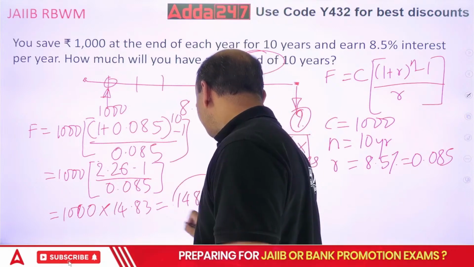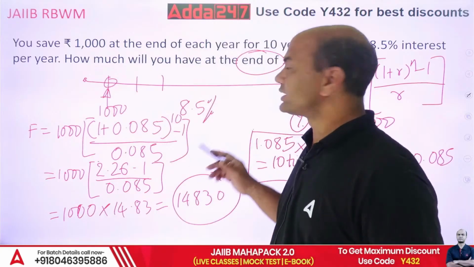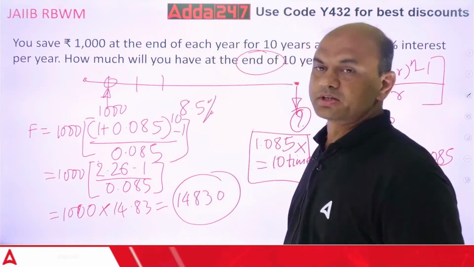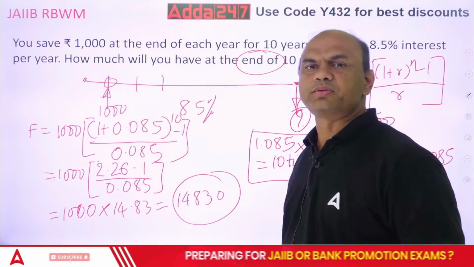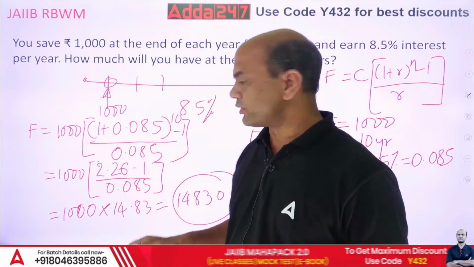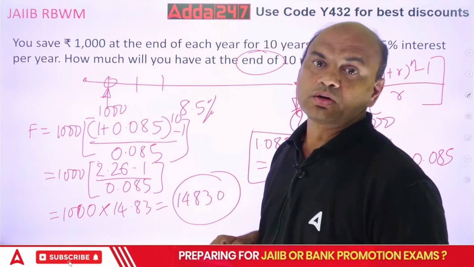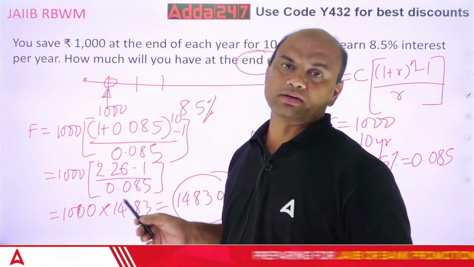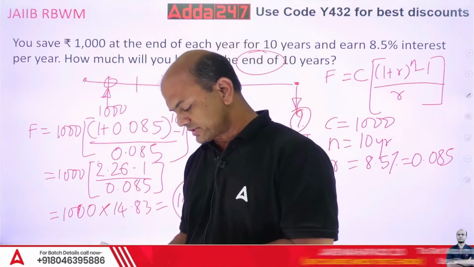This is the amount you will be having at the end of 10 years if you are getting an interest of 8.5%. For 10 years you are investing 1000, so roughly you will be investing 12,000, right? And what are you getting? 14,830. So you are getting 2,830 extra.